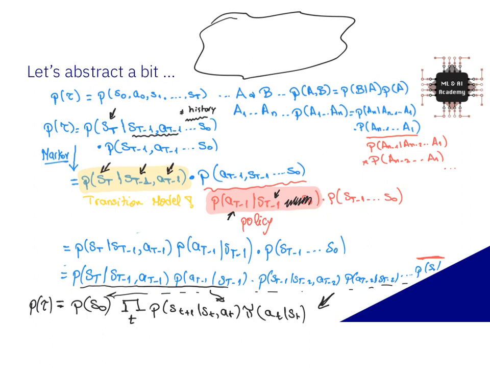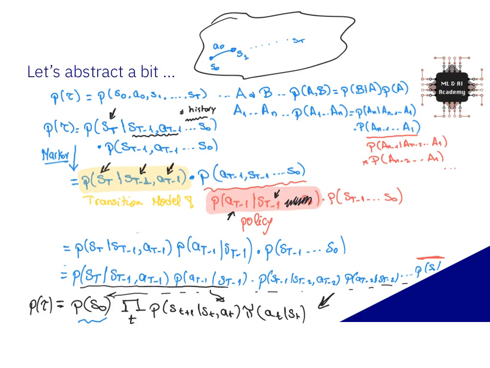What this is saying is that the first thing the agent will do is start from some S0 coming from p of s0. Then it will take an action A0, and that will take me to S1, and so on up to ST.